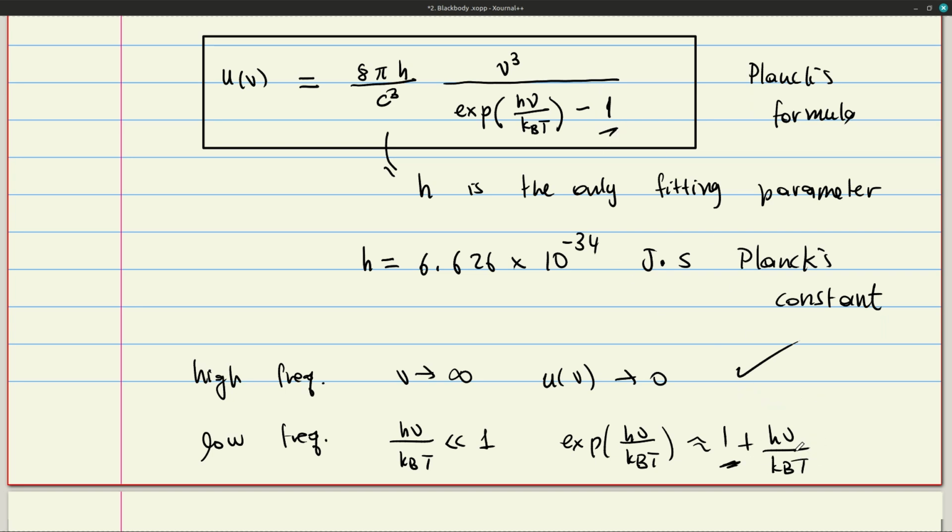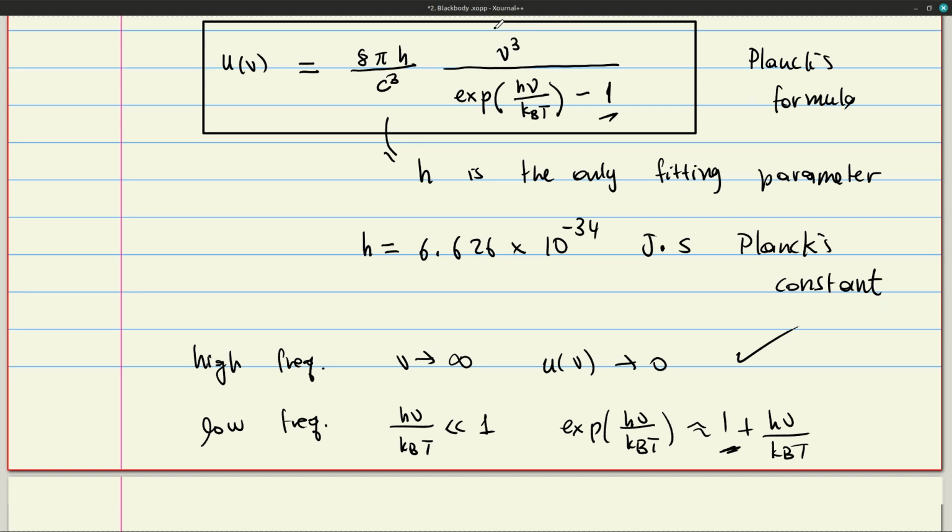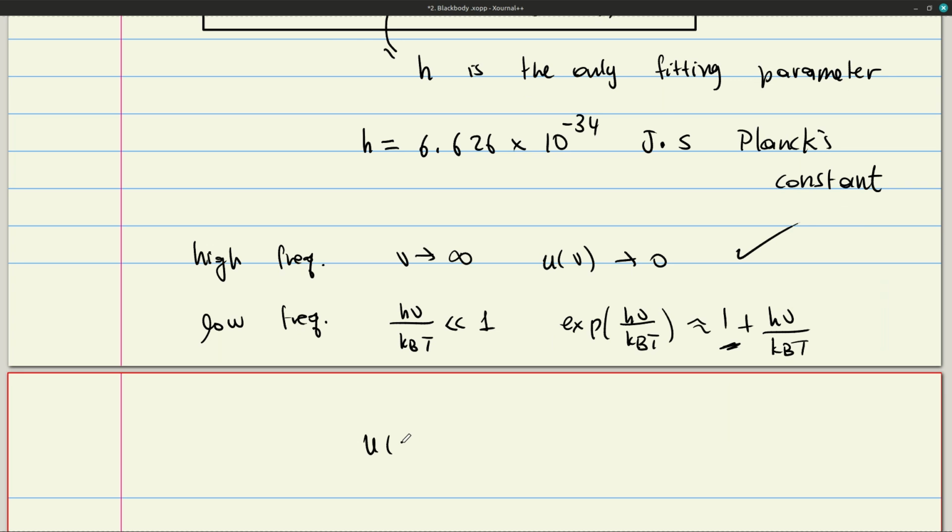There's a nu in the denominator and nu cubed in the numerator, and you can see u of nu is proportional to nu squared as nu goes to 0, same as the Rayleigh-Jeans law.